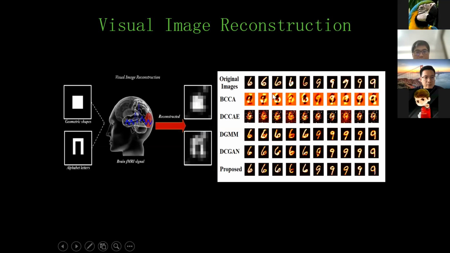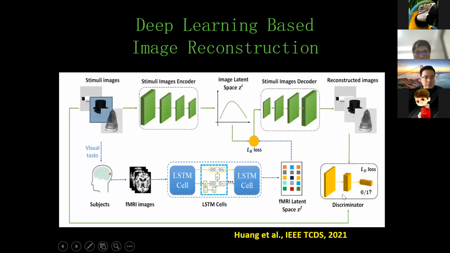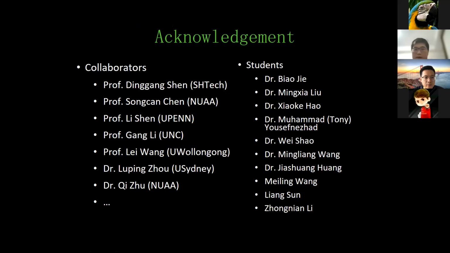For example, when a person is seeing some figures, for example 6, 9, these are both images, and we use the corresponding fMRI to reconstruct the images of 6 or 9. And in our recent work, we proposed using a deep learning based method to reconstruct the image. Okay, so this is the talk for today. Okay, thanks.